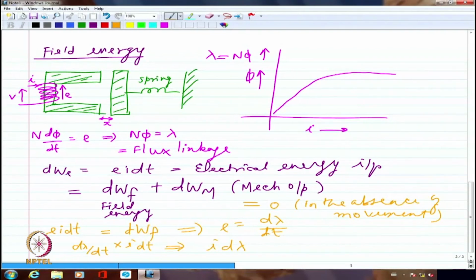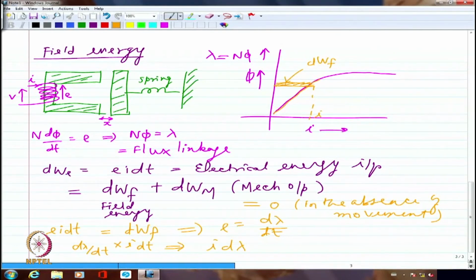So just to show that graphically, if I am looking at a particular value of I, and if I am looking at a small variation in lambda, this strip gives me the area under that strip, on the left side of the curve, which is the magnetization characteristics. This is going to give me dWf.